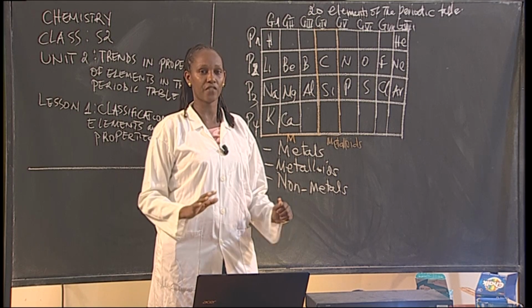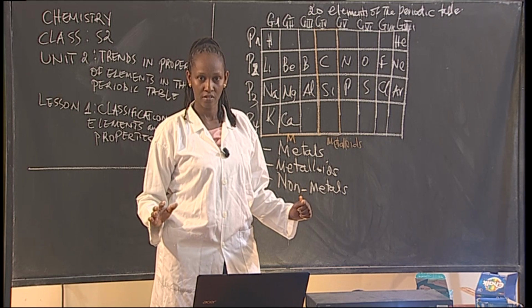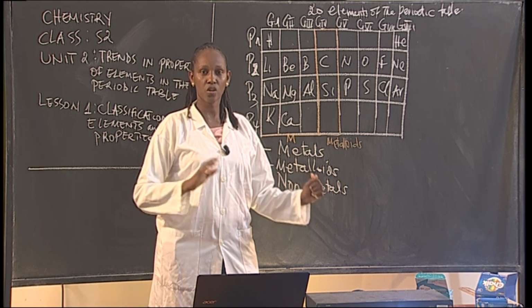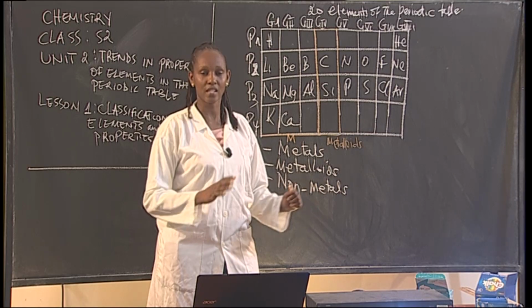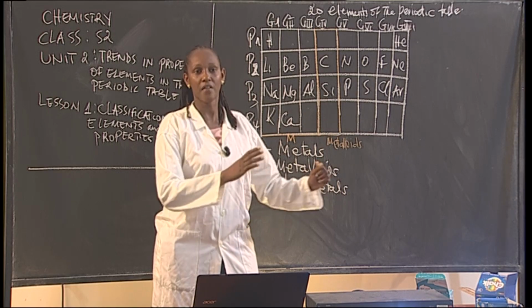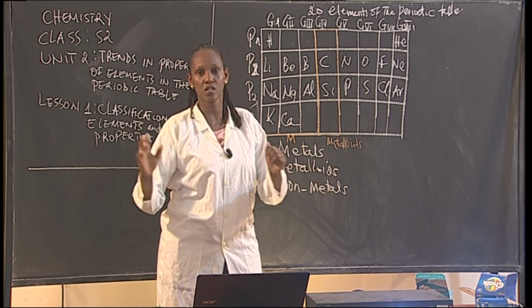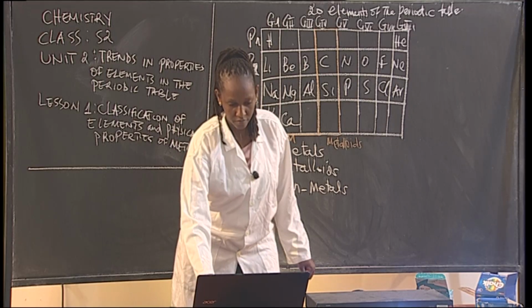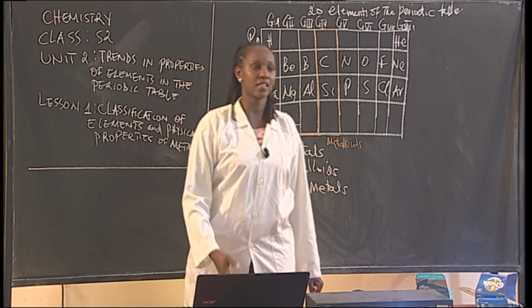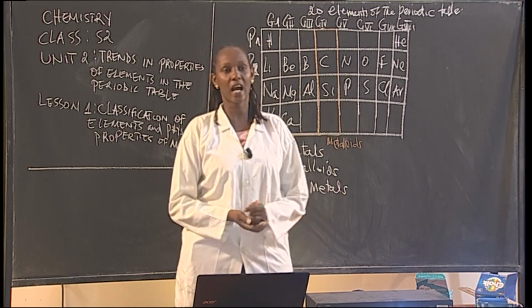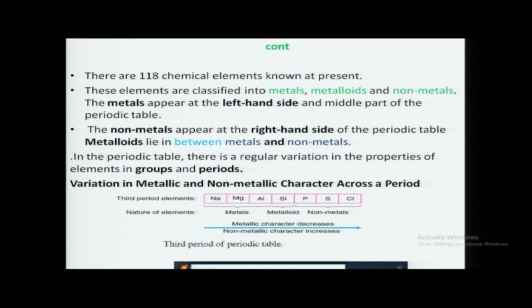And they have different characteristics or different properties. Those in the same category or class have the same properties. So we are saying that the metals appear at the left-hand side and the middle of the periodic table.